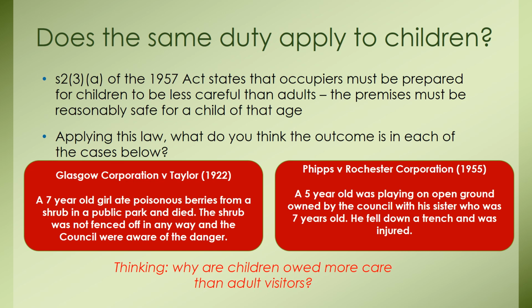And in Phipps, the corporation were not liable. What they recognised here was that, yes, there was a trench, a dip in the ground that wasn't necessarily safe. However, you would expect a 5-year-old and a 7-year-old to be supervised by their parents, and the court here actually recognised that the council can't do everything.